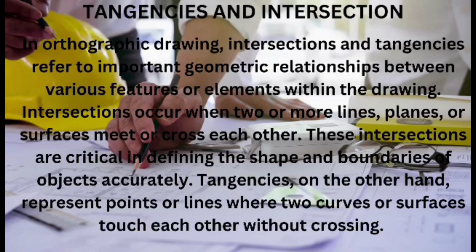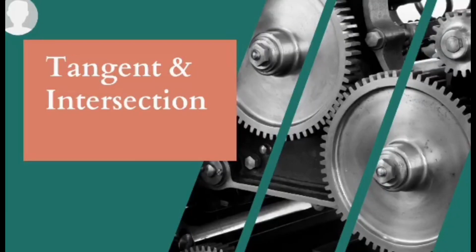Both intersections and tangencies play a crucial role in conveying the precise design intent and ensuring proper fit and functionality in engineering and architectural drawing. In his presentation on tangencies and intersections, Kevin will delve into the key components of tangencies and intersections and explore their respective applications.